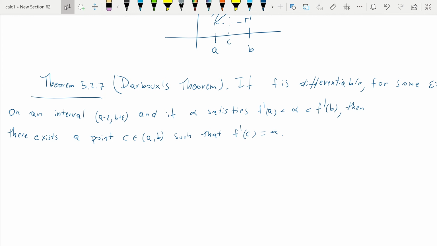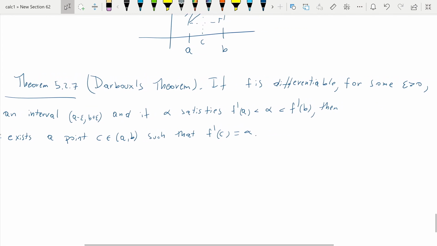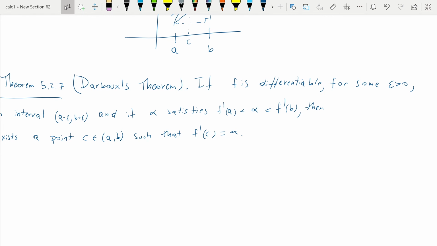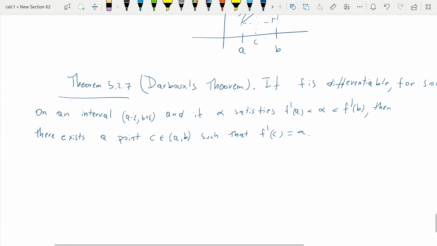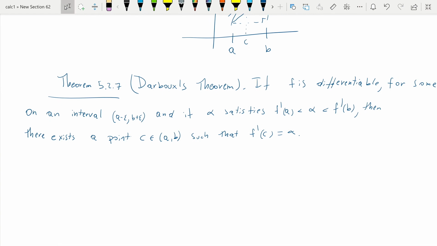That would be a natural proof, and of course it holds if f prime, or g in this case, is continuous. But here we're just assuming that f is differentiable, nothing more. The derivative can be discontinuous. However, we still have this intermediate value property, regardless of whether or not f prime is continuous inside the interval.